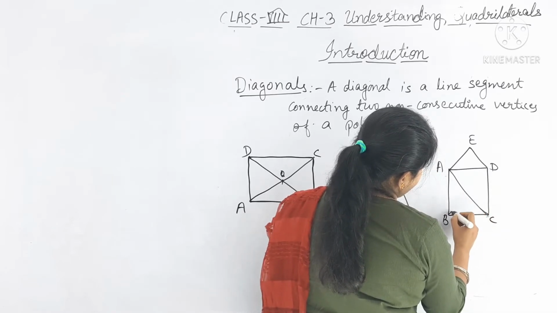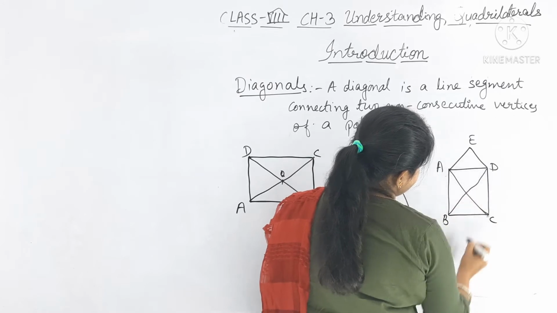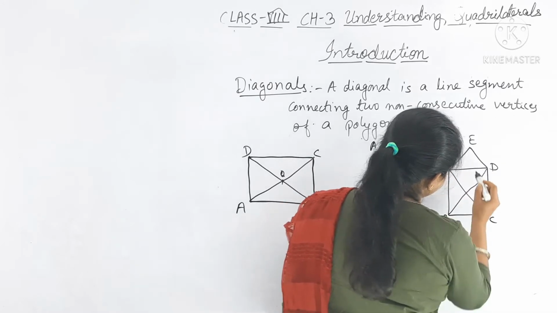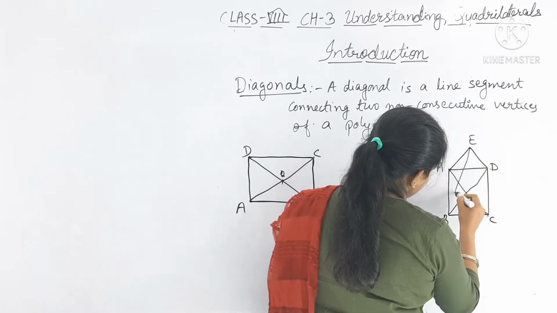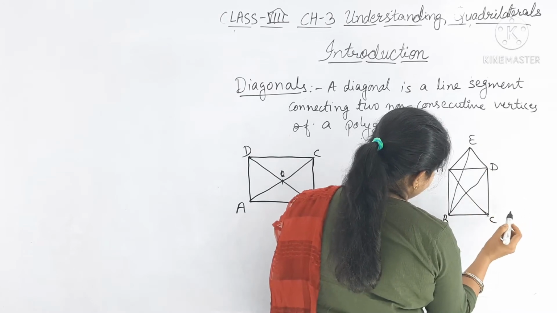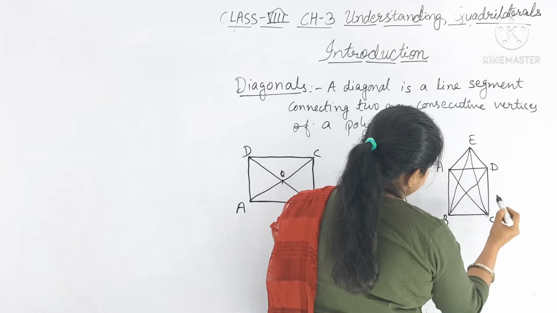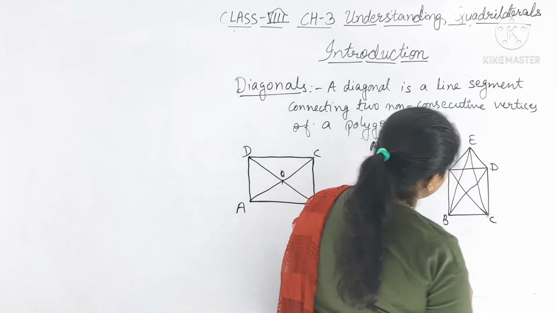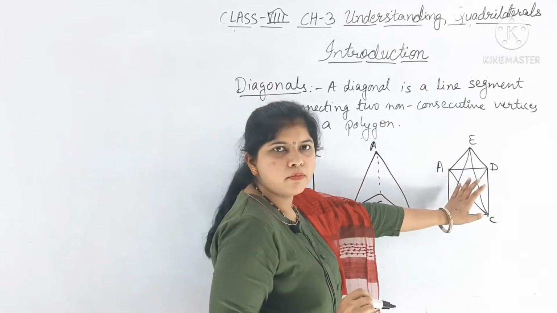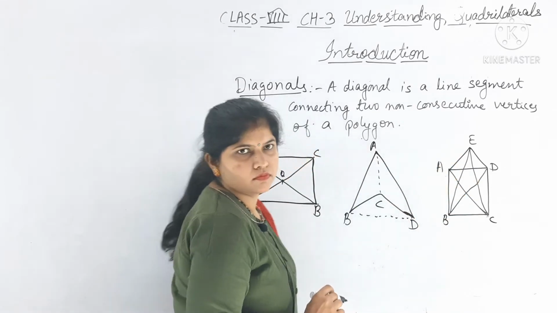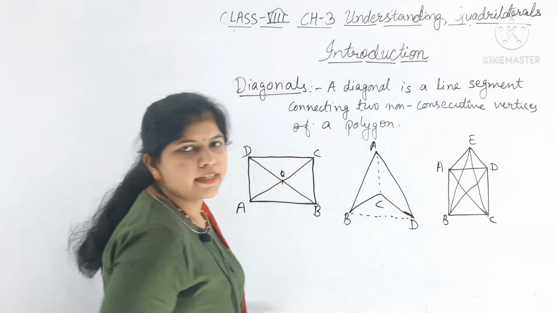Here BD, EB, okay, EC. Okay, like this the diagonals will be made in the pentagon, other than the consecutive sides.